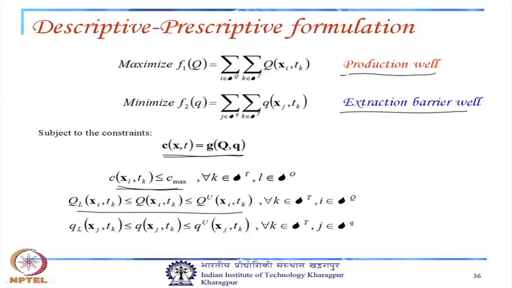This is basically maximizing the pumping from production wells and minimizing the pumping from extraction barrier wells, and both the pumping from production wells and pumping from barrier wells are bounded variables. So, that way one can formulate the management model for saltwater intrusion, and it can be solved for any particular aquifer.